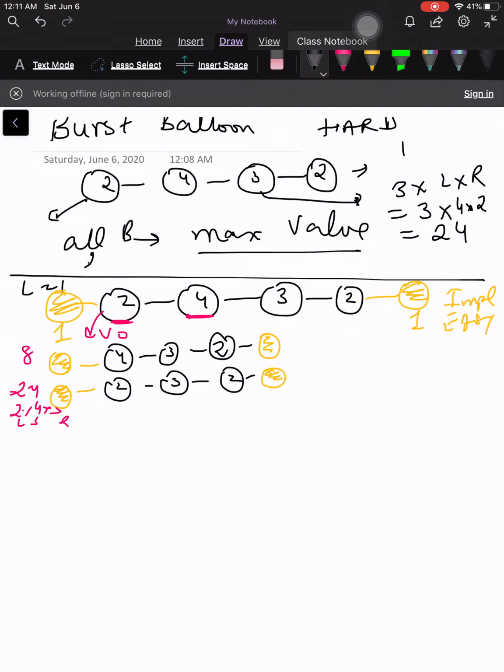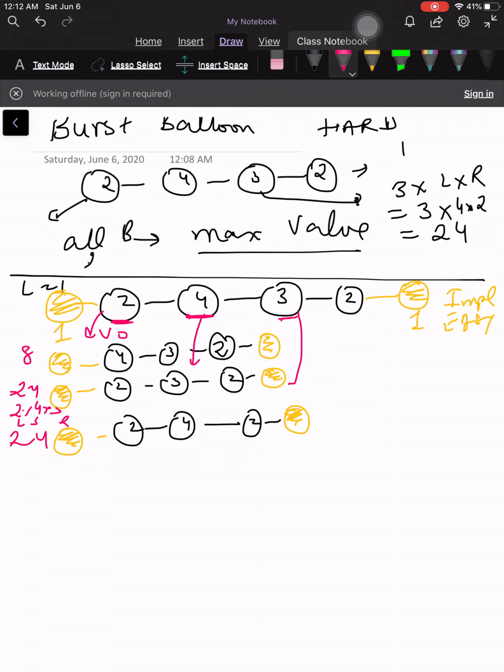Now what's the next option? Next option is we burst 3. If we burst 3, the solution becomes 2, 4, 2, and this one, right? Which again you get a value of 4 times 2, 8 here, 24. So this is this case.